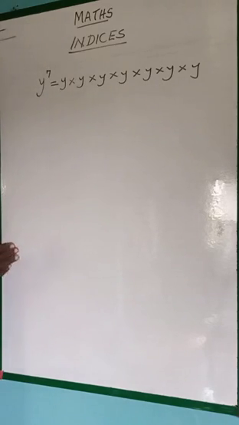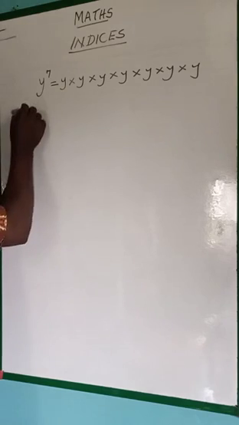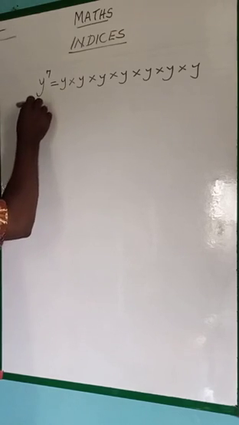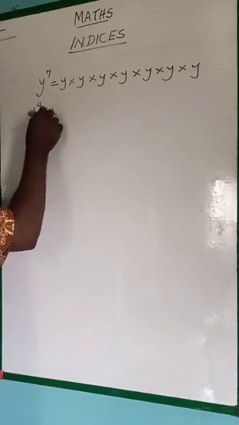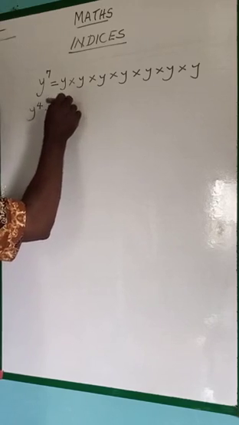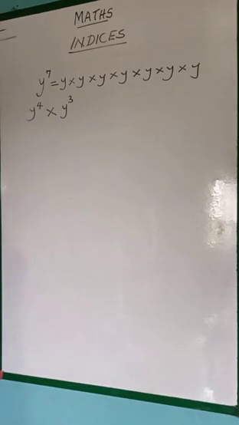So if you have that understanding, you will better understand the concept that is behind all indices expressions or all indices equations. Take for instance, in the first law, which is the product law, we have known that if I have y raised to power 4 times y raised to power 3, what does that mean using the law?